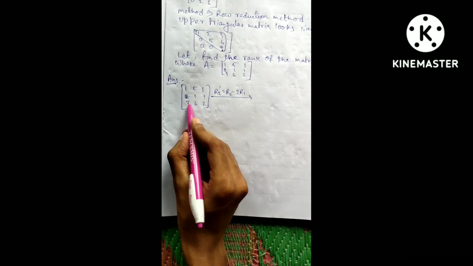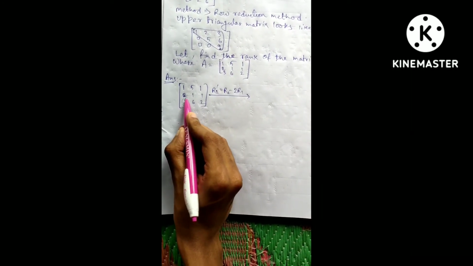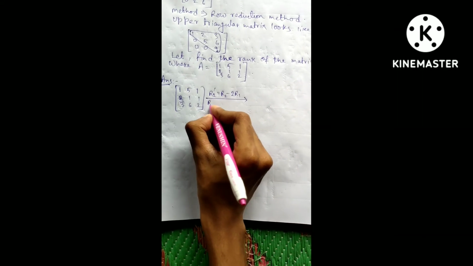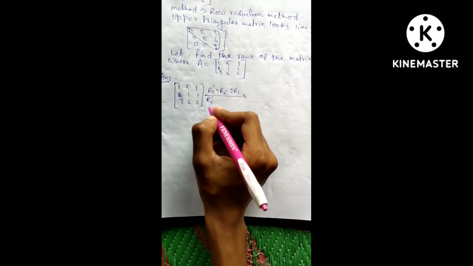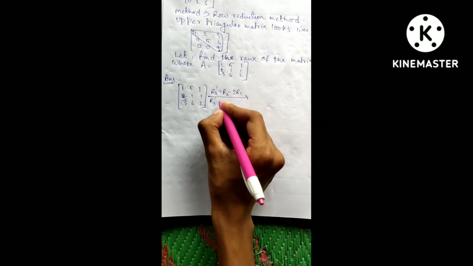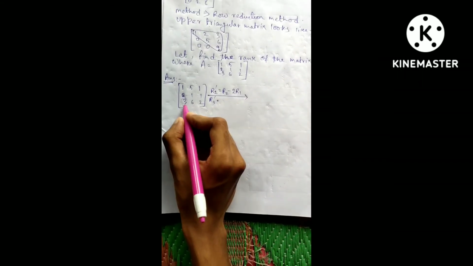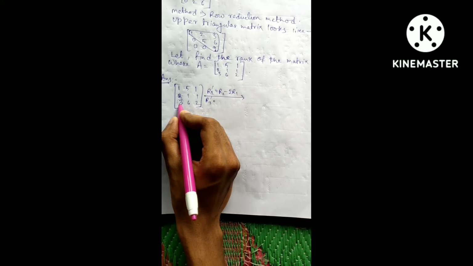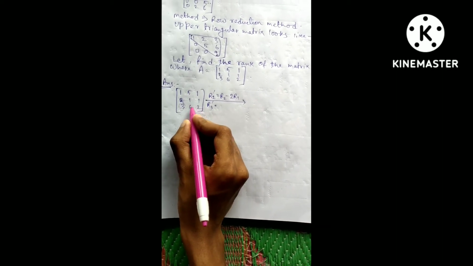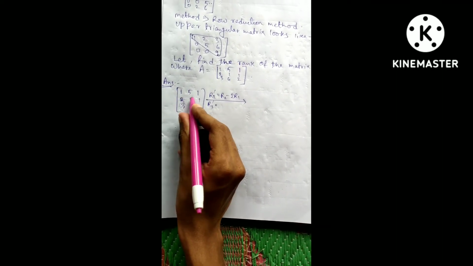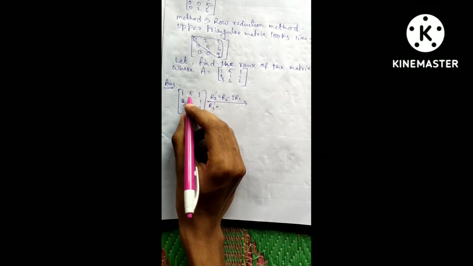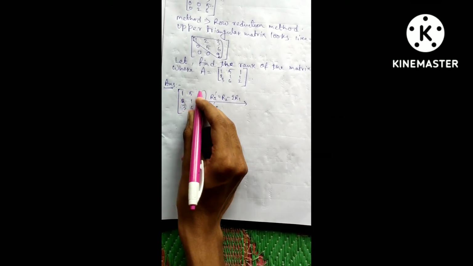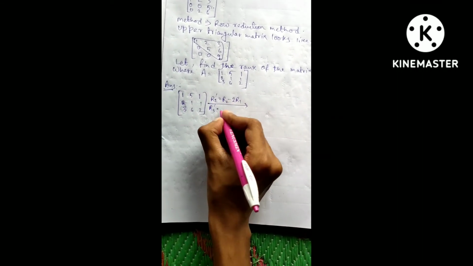And to make these elements 0, we have the new third row, which is the present third row subtracted from the first row multiplied by 3.